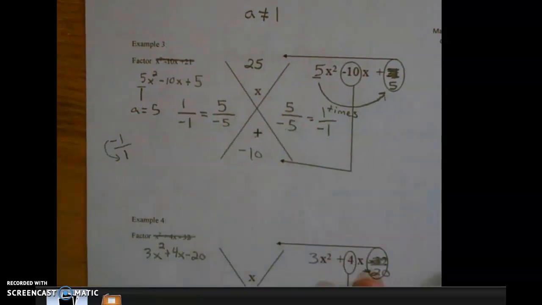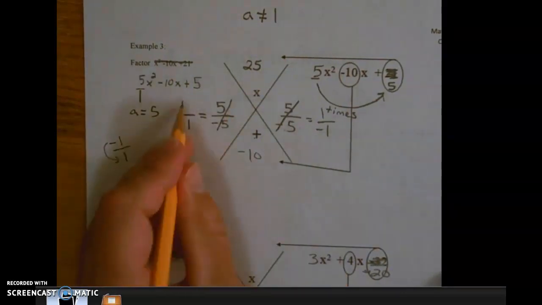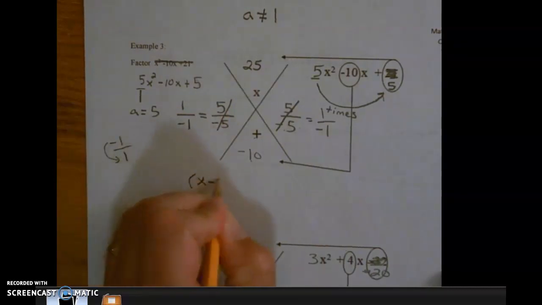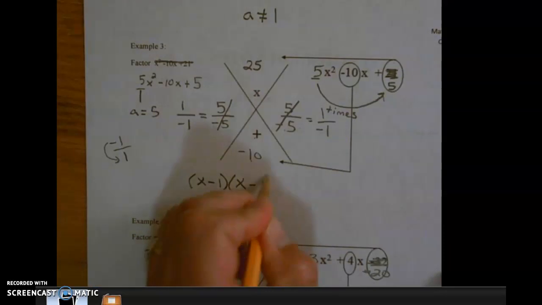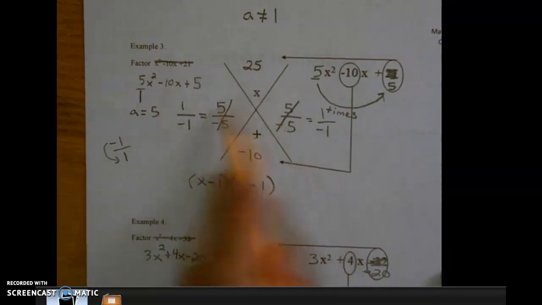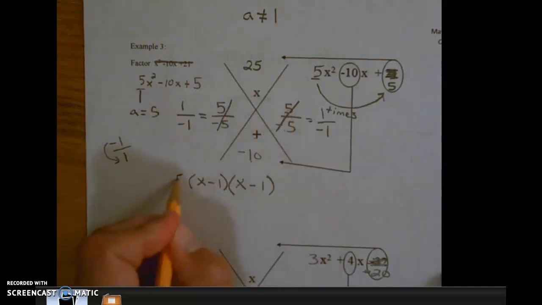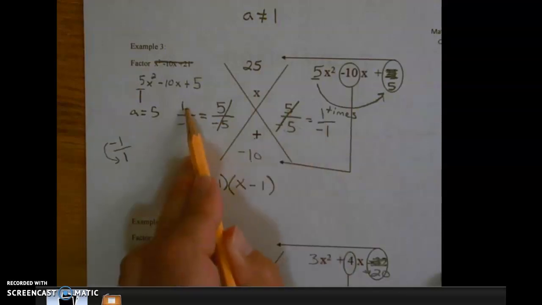Now, we're ready to write our factors. So this one's going to be 1x minus 1. And this factor is also 1x minus 1. Now, since the a value canceled in both of them, we don't want to lose it completely, so that a value needs to go out front. If you cancel it in both fractions to a 1, then it needs to go out front.